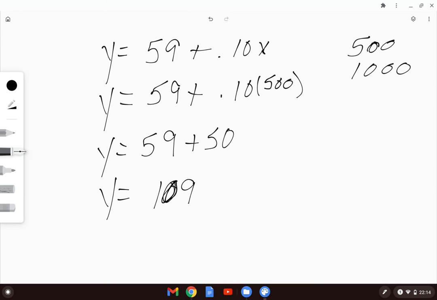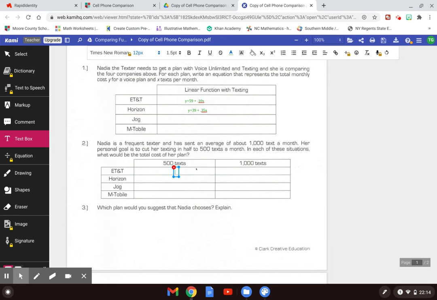All right, so the total cost of that plan is going to be $109. So you have your $59 for Voice Unlimited plus the 10 cents for each one of her texts. So you would simply come back here and we would put 109.